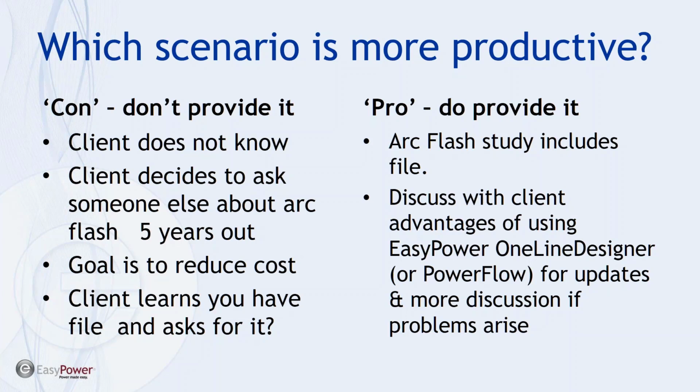His goal is going to be to reduce cost, and if he has that database, he has the ability to reduce his cost for a follow-on study. The zinger on this particular set, though, is if the client learns that you have the file and it's information that is valuable to him, what does that mean about your communications and your engagement with that client?